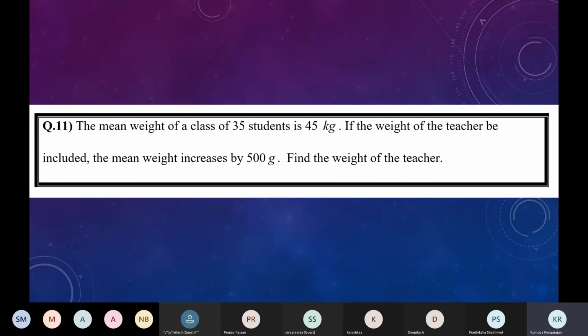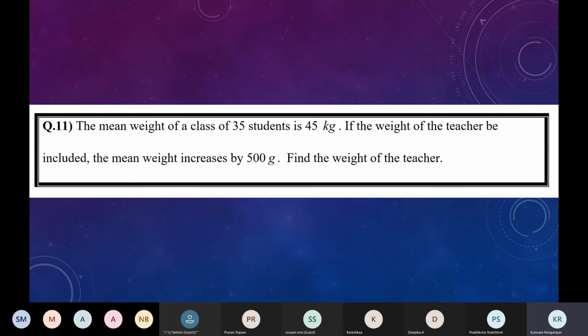So you have the sum of the weights of all the 35 students. If the weight of the teacher be included, the mean weight increases by 500 grams. So if you include the teacher's weight, then the mean increases by 500 grams.